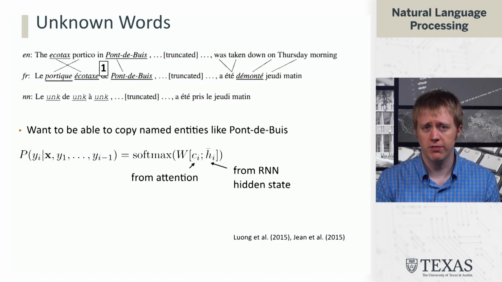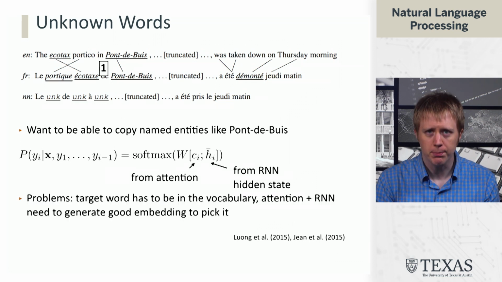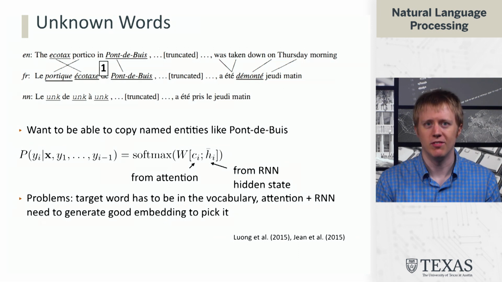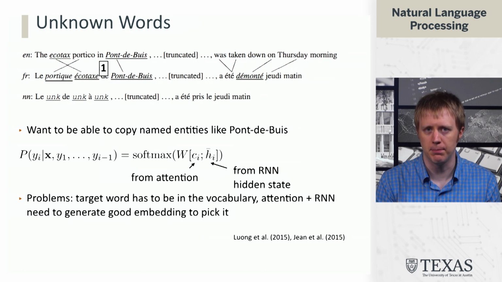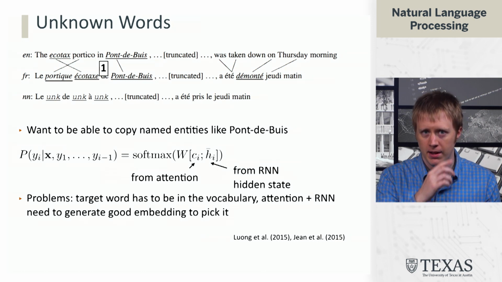Now, recall that we've set up this attention mechanism, which computes a weighted sum over the input and then produces a distribution over the vocabulary in this way. And the problem is we're actually kind of stuck because our vocabulary doesn't even contain Pont de Buis. Unless you had some massive vocabulary, it wouldn't be in there. And the attention mechanism can't really bail you out to predict a word that's fundamentally impossible to predict.